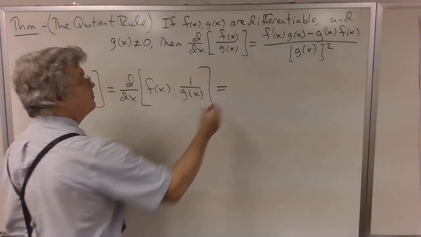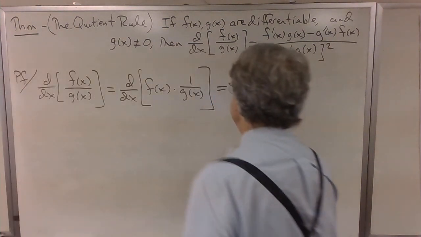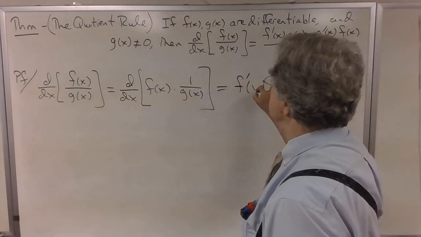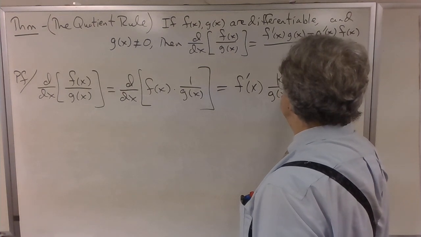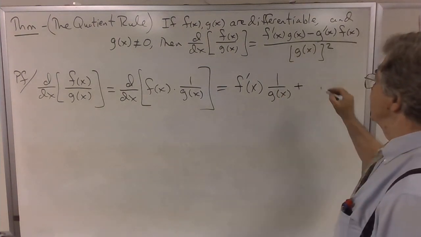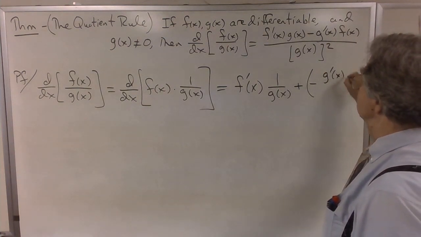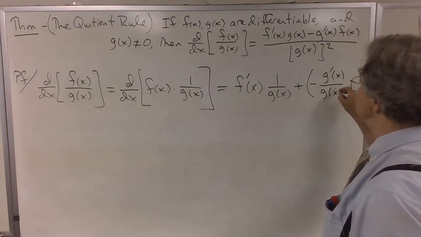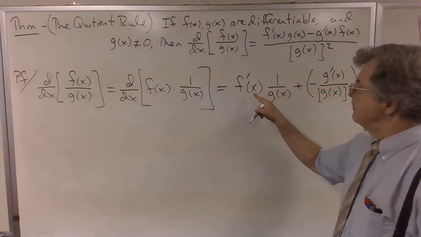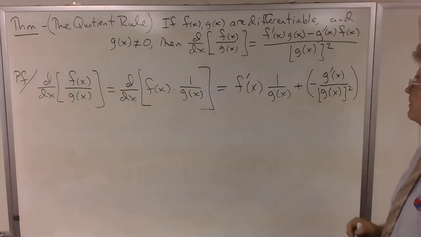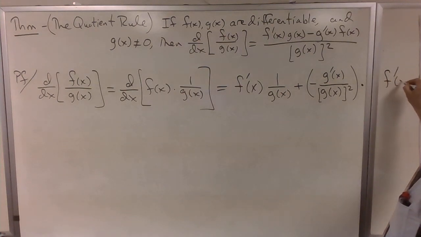And the form of the product rule that I said we'd be using today is first prime times the second plus second prime times the first.